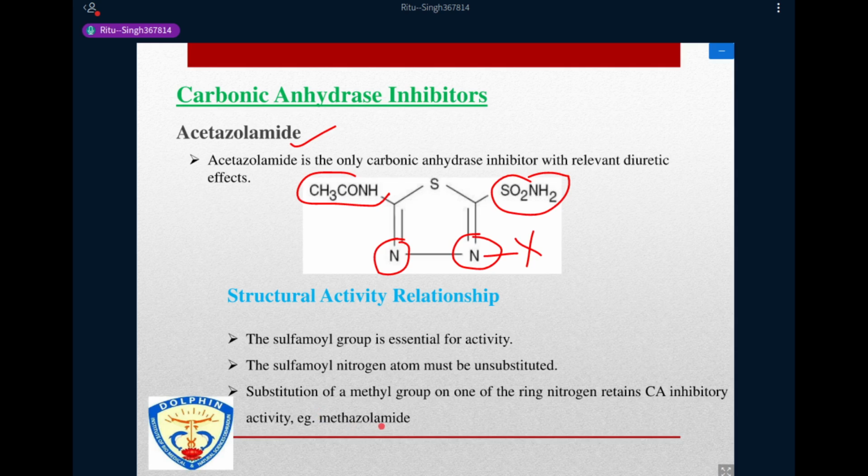In the structure of methazolamide, the methyl group is attached at this place. So at one nitrogen, we can add a functional group like a methyl group for the activity of the drug. But at this nitrogen, we cannot add any functional group at this place. Okay, clear?